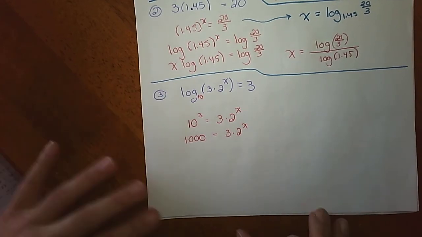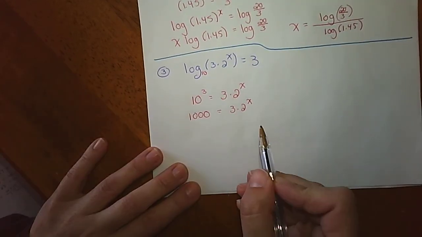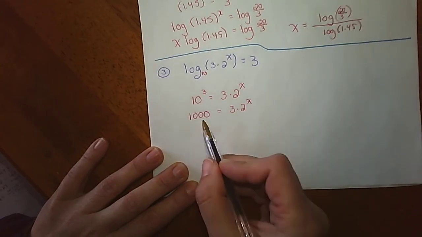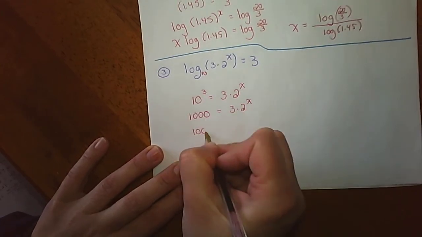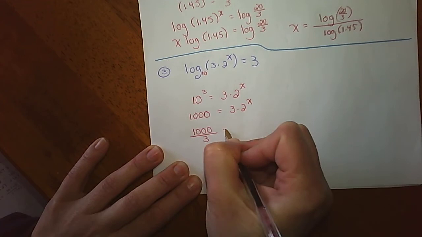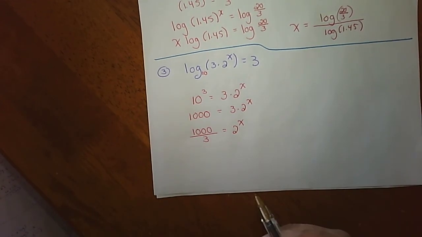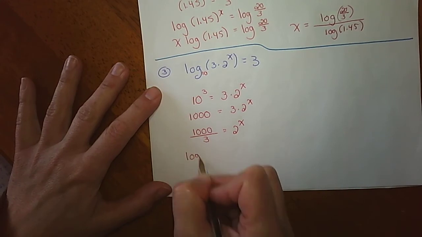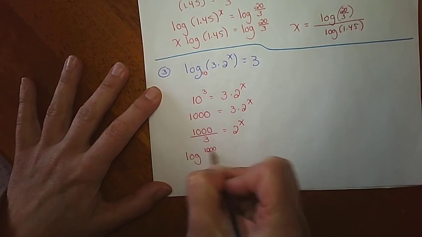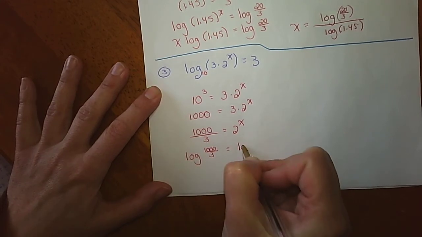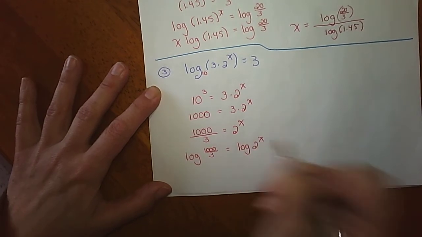All right, now I want to solve for x, so I want to get 2 to the x alone. I'm going to divide both sides by 3. I'm going to do 1,000 over 3 equals 2 to the x. And now I can log this. So I'm going to do log of 1,000 over 3 equals log of 2 to the x.